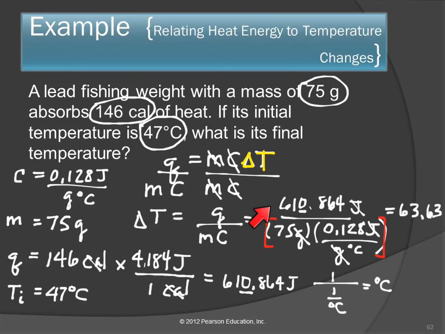Well, this number on top has how many? 3. Those are just carrying along for the fun. This guy has 2, and this one has 3. So this is 63.63, and that would be degrees Celsius. So I'm going to leave the 6.3 in there just because it's a good idea to carry along a couple extra places when you're not finished with the calculation, because we're not done yet, are we?